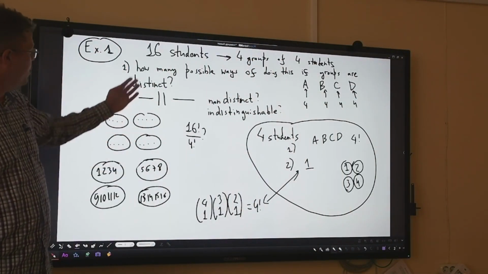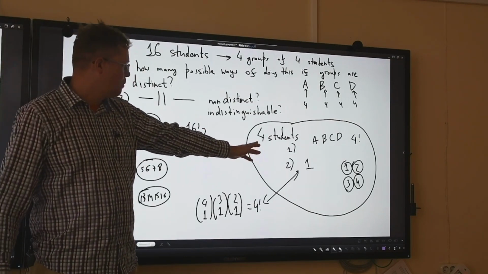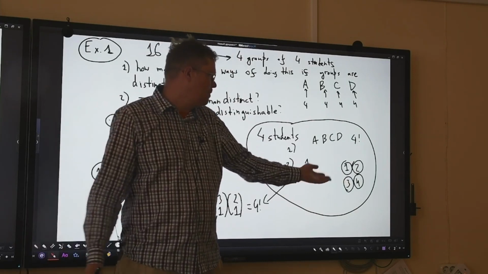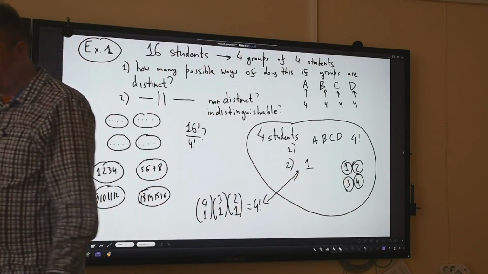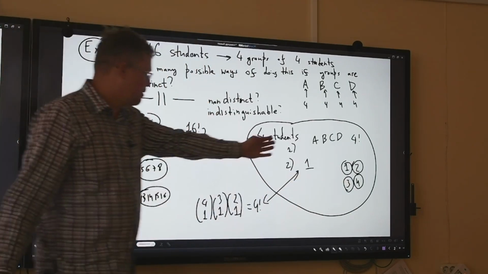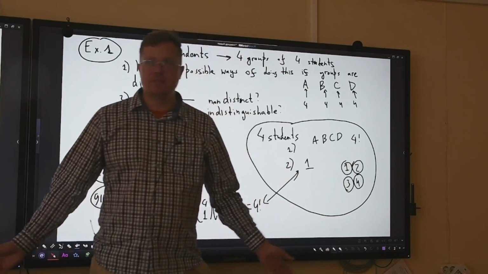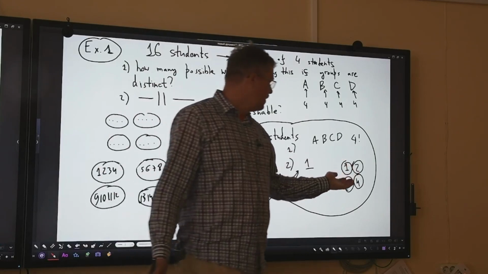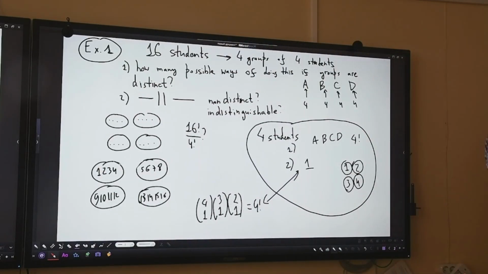Because we have 4 students, you want to divide them into 4 groups, each consisting of 1 student. We have only one possible way of doing this, just taking each student in this group and so on. You don't have another way of taking 1 student in 1 group.